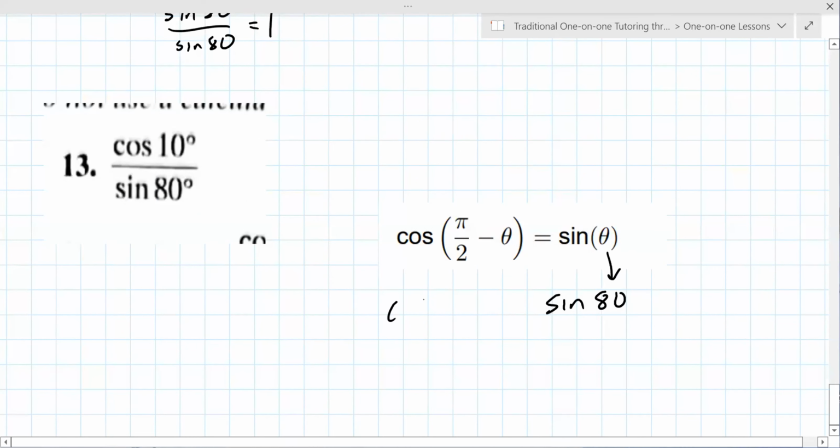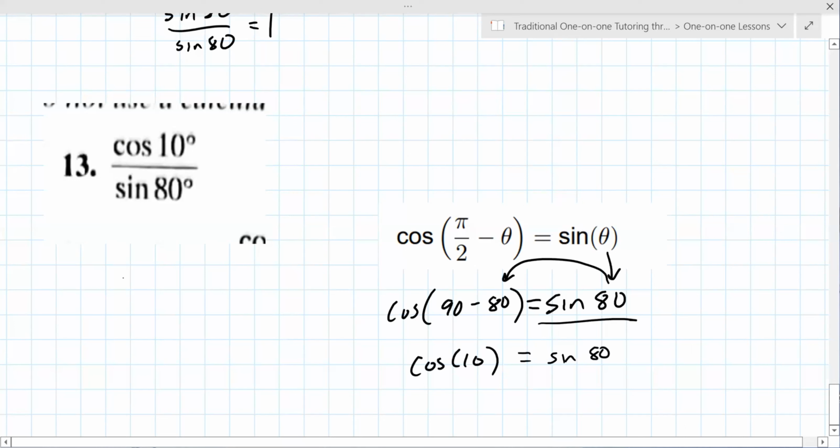So cosine is 90 minus your angle, which is 80, which is cosine of 10. So instead of sine 80, it's cosine of 10. So it's cosine 10 over cosine 10, which is also 1.